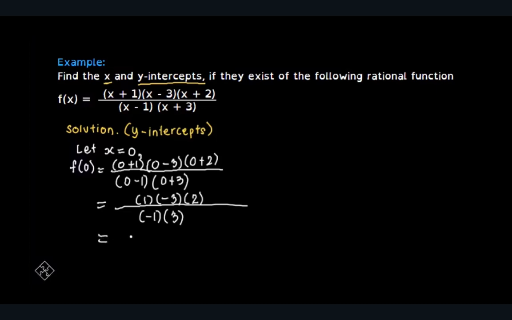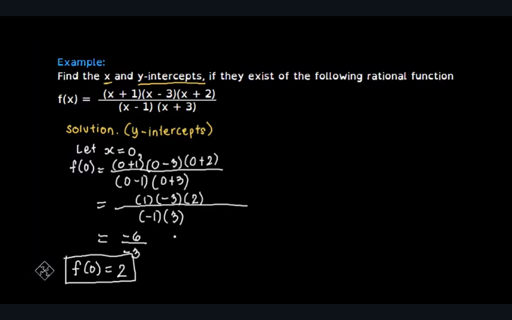Then, simplify natin yung ating numerator. 1 times negative 3 times 2, that is negative 6. Negative 1 times 3, we have negative 3. Also, pwede pa nating i-simplify yan. So, ang ating f of 0 is equal to positive 2. And that is the first step, no?